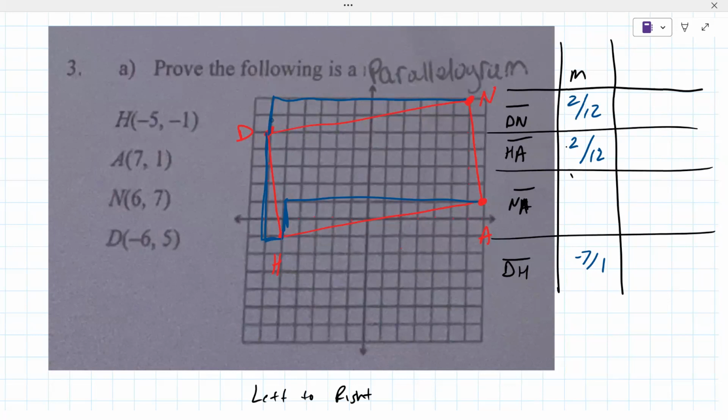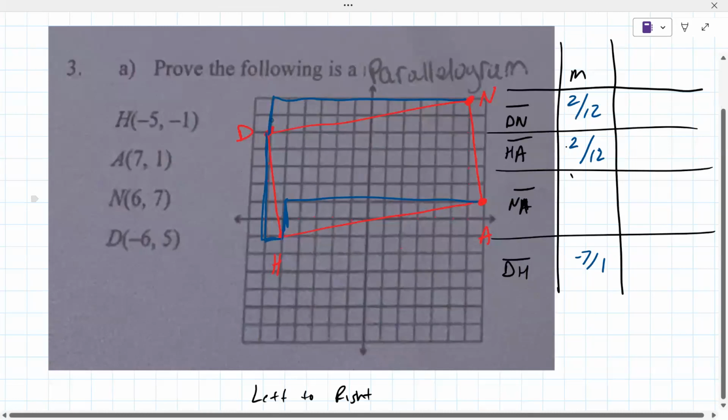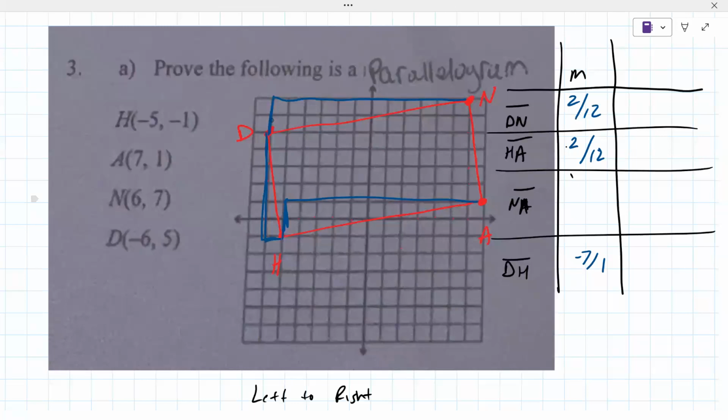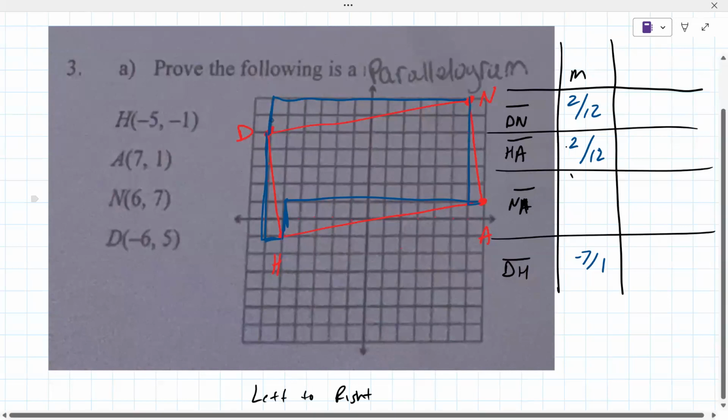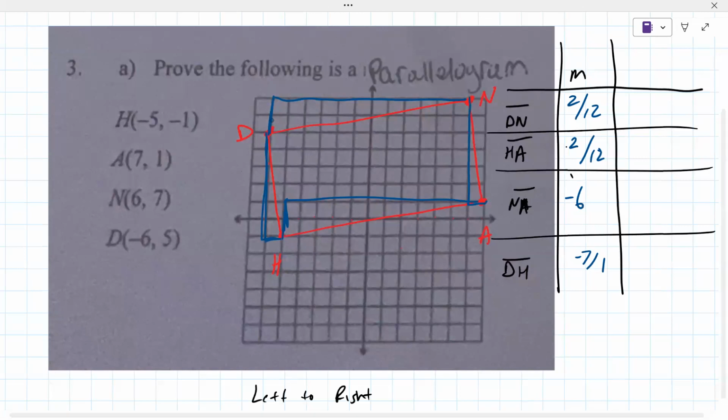Do the same thing for N to A. It'd be 1 and 6. It has to be rise over run. Down 6, and then right 1.